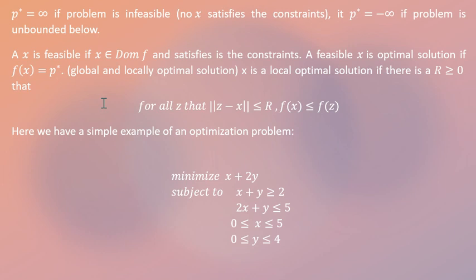For example, when our problem is unbounded below and above, we can define a neighborhood for our problem and search for the best value in this area. I have here a very simple example of an optimization problem.